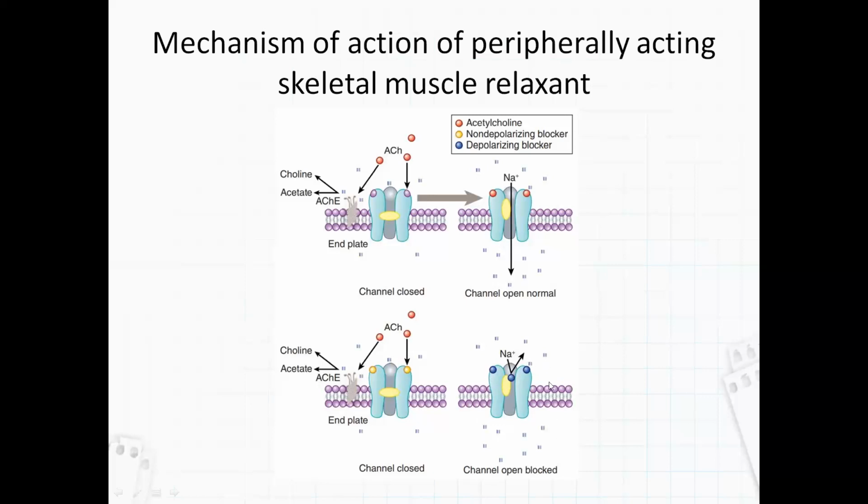The channel will be open, but it will be blocked. The sodium will not be entering anymore. This is the phase 2 blockade, due to which the muscle will be relaxed later. Initially there will be fasciculation, but after the desensitization, it will be relaxed.